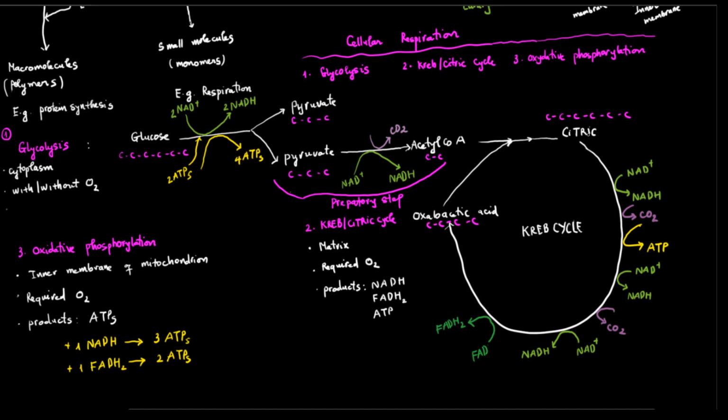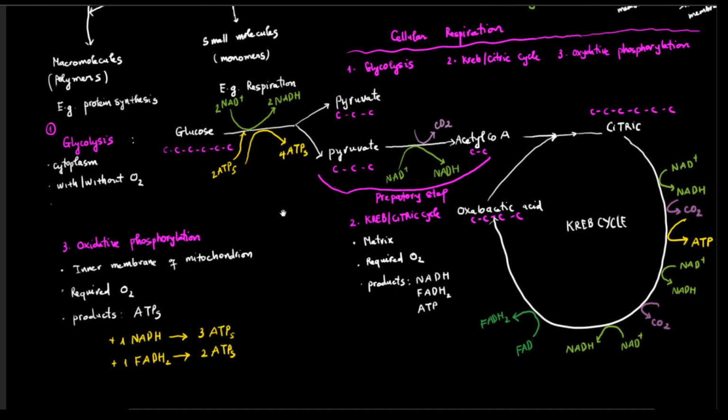What's important in the citric or Krebs cycle is that NADH and FADH2 along with ATPs are synthesized or produced. NADH and FADH2 produced from the previous steps, including the Krebs cycle, will then enter the oxidative phosphorylation process.